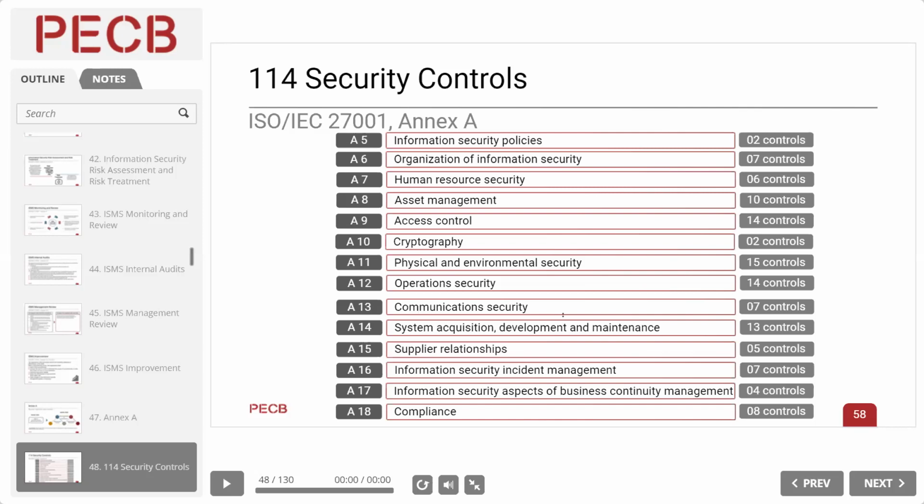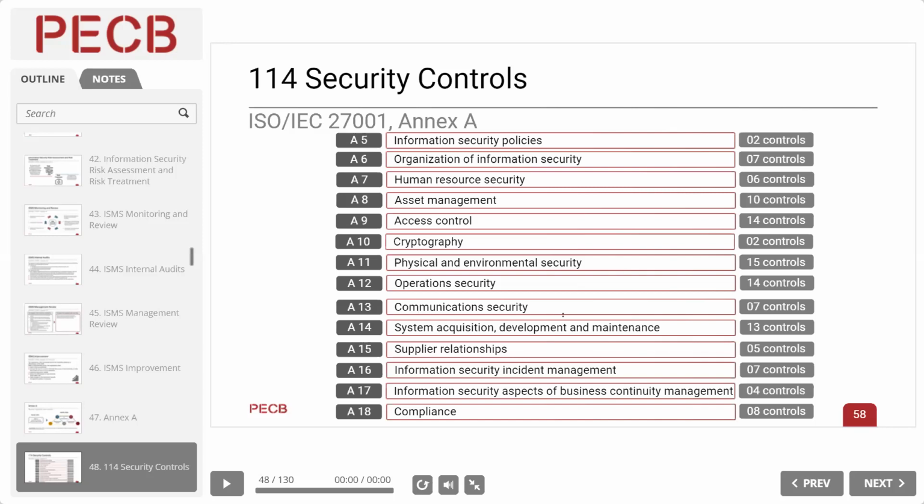But subsequently, we have another standard for business continuity management, which is ISO 22301. Relatively new, that focuses on business continuity management. So we no longer have business continuity as a requirement under 27001. It is separated to another management standard.